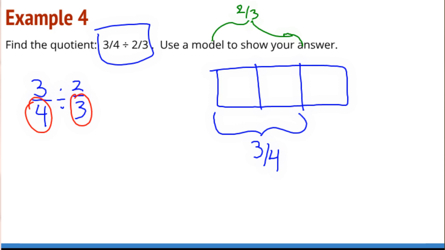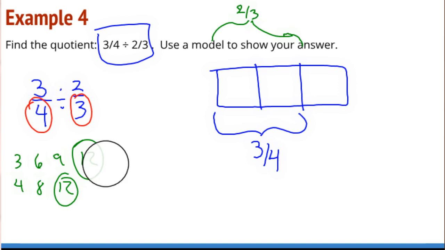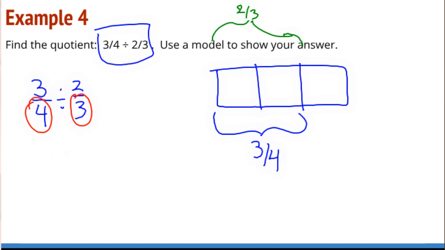And we've talked about it before. Well, I could make some equivalent fractions out of this. So I can do some scaling here so that I can get the denominators to be the same. 12 will be a common denominator as I count up 3, 6, 9, 12, 4, 8, 12. 12 is the first common multiple of 3 and 4, so I want to scale my fractions here. 3/4, and I'd like to have a denominator of 12, so I multiplied by 3, and I've got 9/12.